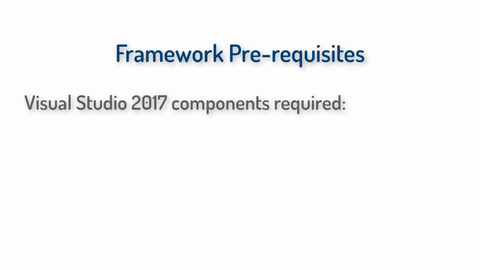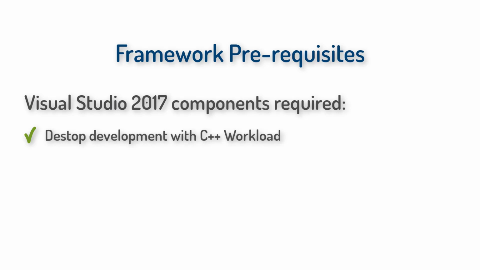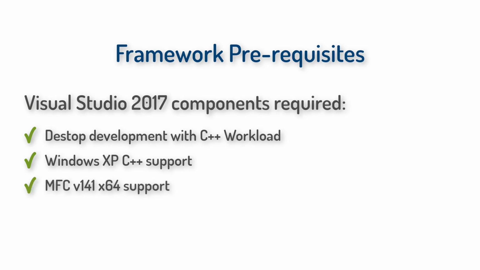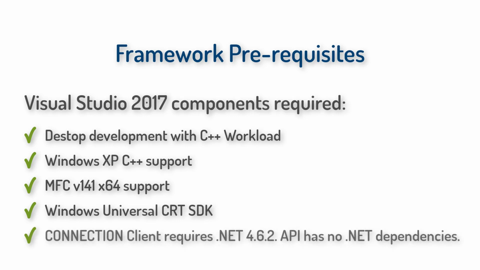The Visual Studio 2017 components required are as follows: the desktop development with C++ workload, Windows XP C++ support, MFC v141 support, Windows Universal CRT SDK, and the connection client requires .NET 4.6.2. You have to understand that the API has no .NET dependencies.